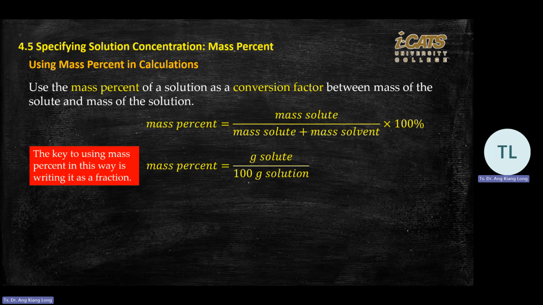The solute is the minority component. Let's say I put the salt that you are familiar with, NaCl, and the solvent that you are familiar with is water, H2O, the majority component.